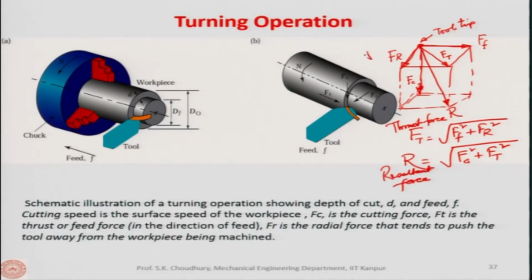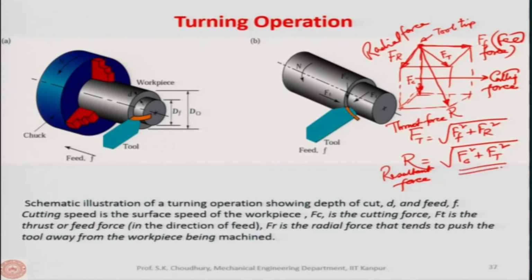Fr is the radial force, this is the feed force, and this is the cutting force component, all right. So, this is exactly what is shown here. Ft is the resultant of Ff and Fr, feed force and radial force. So, therefore, 2 basic forces are there, Ft and Fc, so that the resultant force can be found from the square root of Fc square plus Ft square, all right.